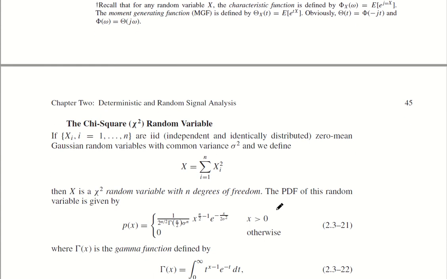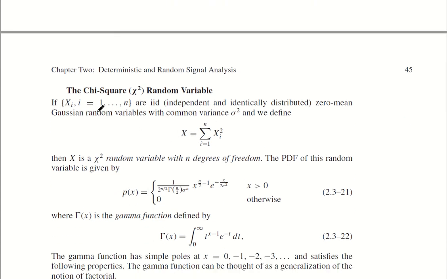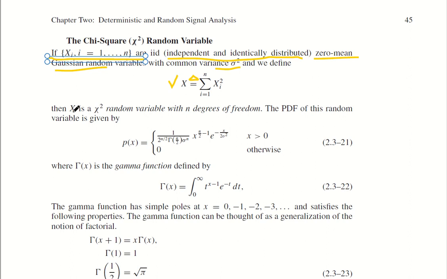Then the chi-square random variable. The chi-square random variable is a summation of Gaussian random variables, which have to be IID, independent and identically distributed, zero mean Gaussian random variables with common variance. x is defined as the summation of x_i squared, and then x is a chi-square random variable with n degrees of freedom.